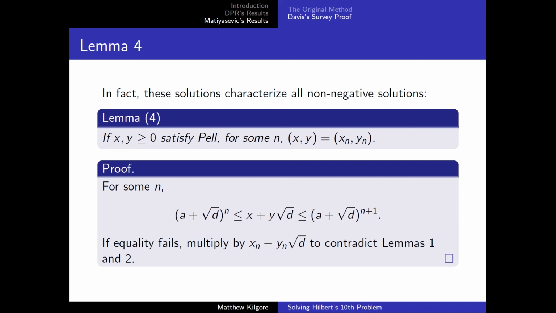We can bound them because x plus y root d is greater than 1 and a plus root d is greater than 1. We get this inequality. If equality holds, we're done. If it doesn't hold, then multiply by x_n minus y_n root d, and we get the bound as shown in lemma 1. Thus, equality must hold.